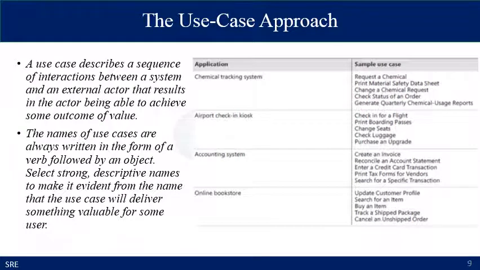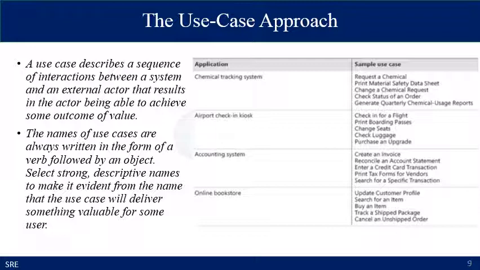So here is an example of a typical use case approach. A use case describes a sequence of interaction between a system and an external actor that results in the actor being able to achieve some outcome of value. The naming of the use case is very critical.